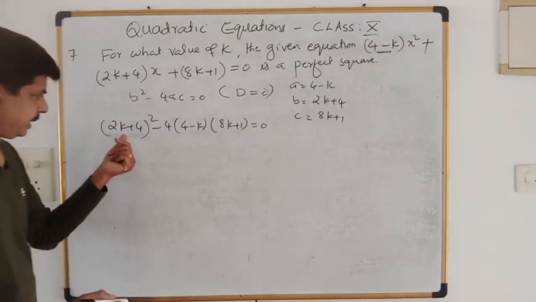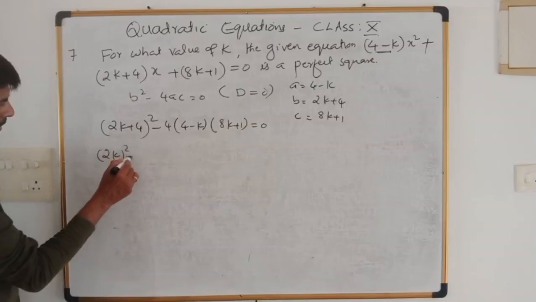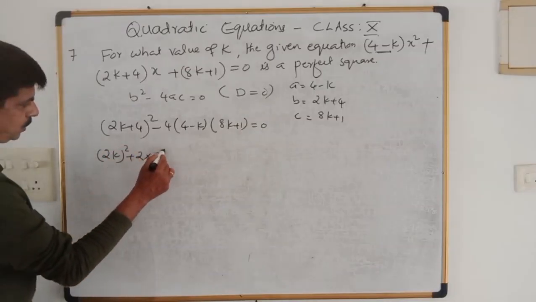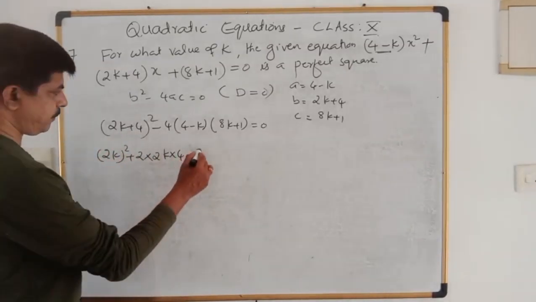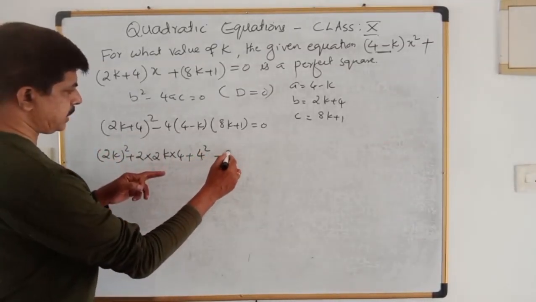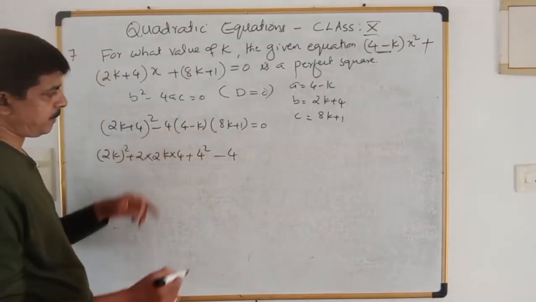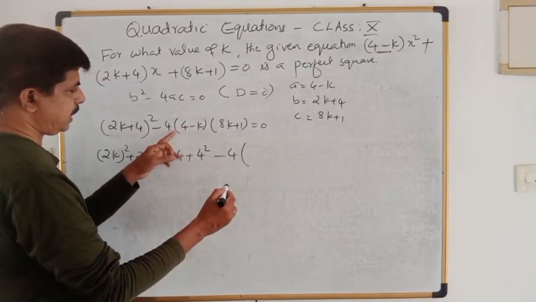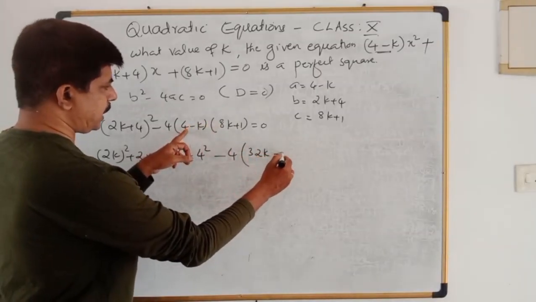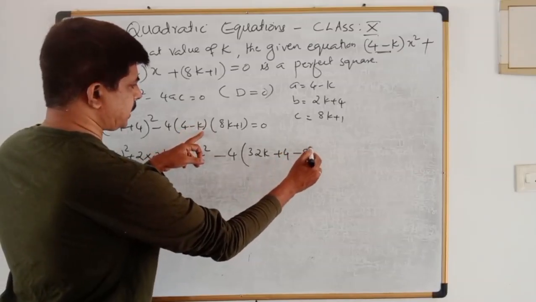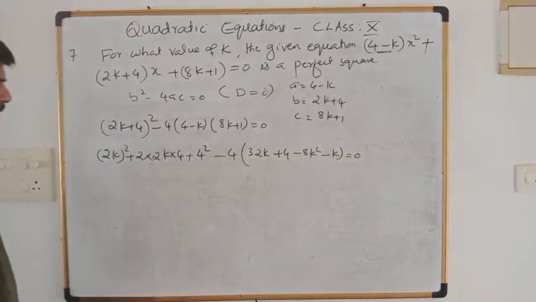So we open the bracket by using a plus b whole square: a square plus 2ab plus b square. After opening these two brackets, that product again you should multiply by 4 also. So minus 4 is common, 4 into 8k, 32k, plus 4 minus 8k square minus k equal to 0.